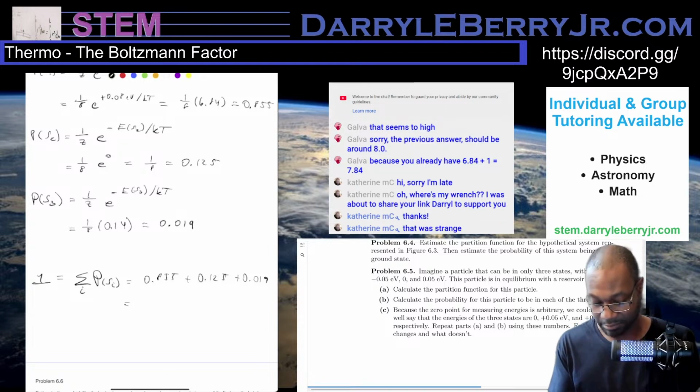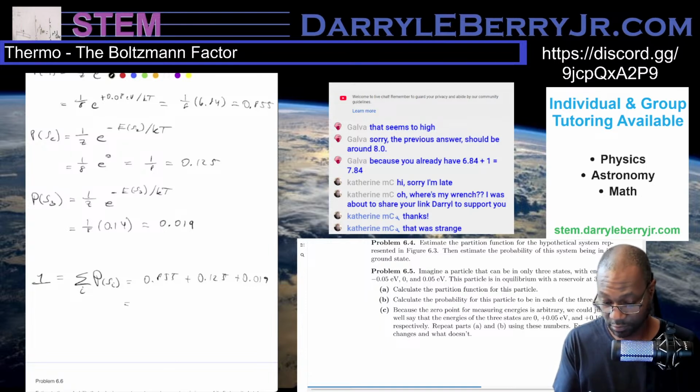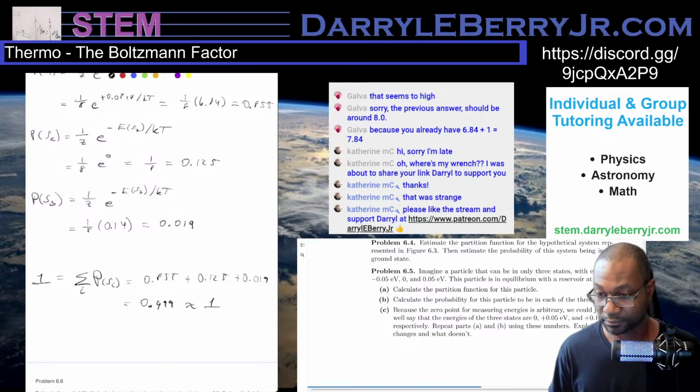I'll just add up my rounded values: 0.855 plus 0.125 plus 0.019 equals about 0.999, given some rounding. All right, so everything adds up. So this seems to be the right answer.